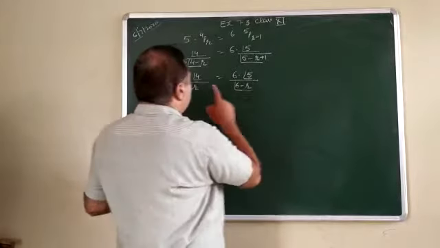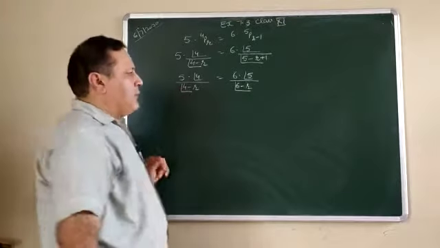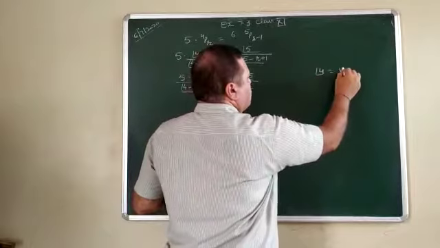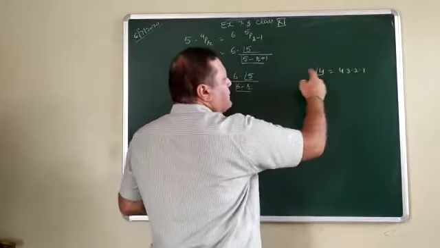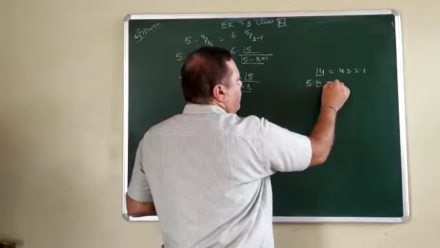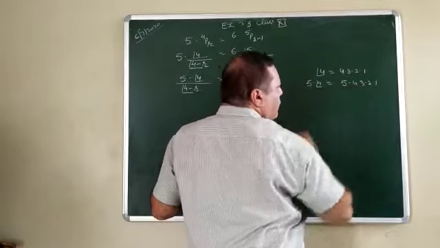Whenever a factorial number is multiplied with its next number, for example, 4 factorial, its answer is 4 into 3 into 2 into 1. If this is multiplied by 5, it becomes 5 into 4 factorial, which is 5 into 4 into 3 into 2 into 1.